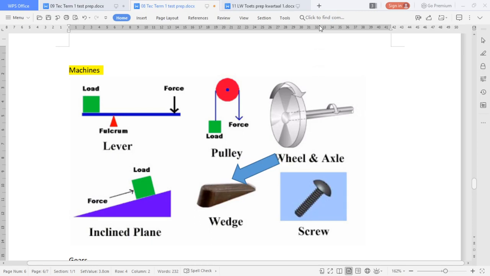You can also think about an example of an axe, which splits wood in two. Let me show you a picture of that one as well.